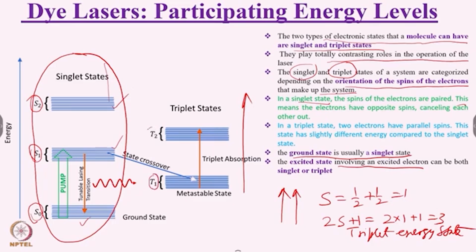And this is the second excited triplet state, denoted as T2. The ground state for the triplet state does not exist, as usually the ground state is always a singlet state. There are of course other triplet states and singlet states, but only those low-lying energy states which participate in the process of lasing of a dye laser have been shown here.